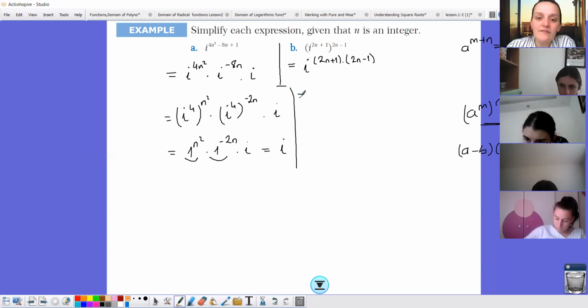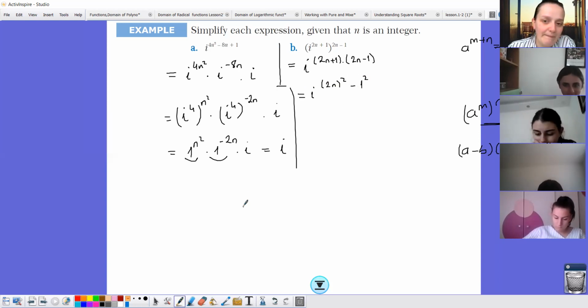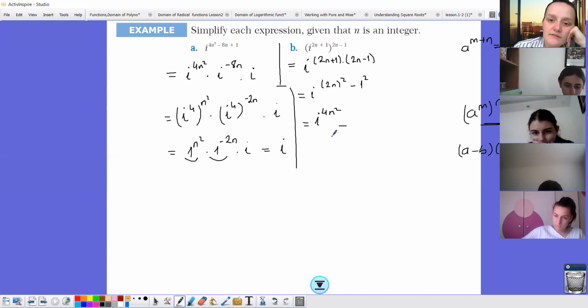So I will have i to the power of 2n squared minus 1 squared. What will be 2n squared? Four. 4n squared, and then minus 1.